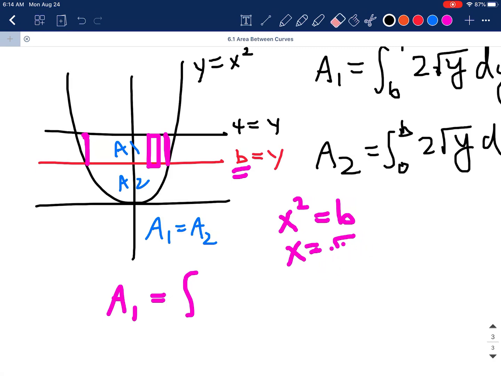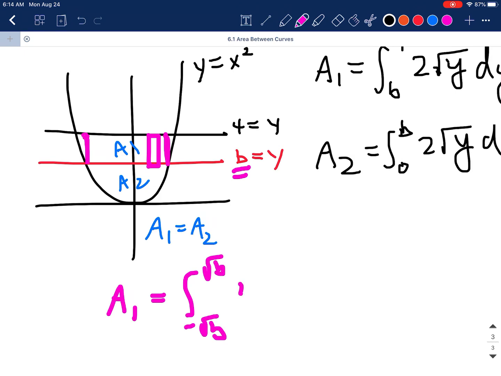So we could do that. So we get negative rad b, positive rad b, and then it would just be 4 minus b dx.